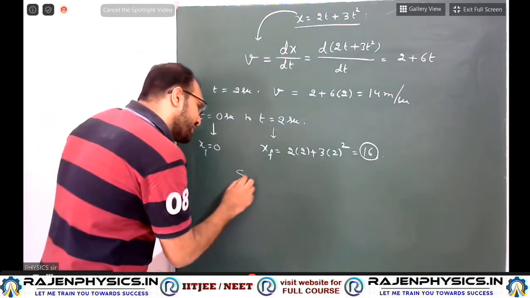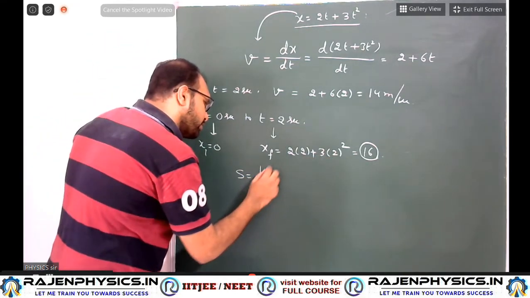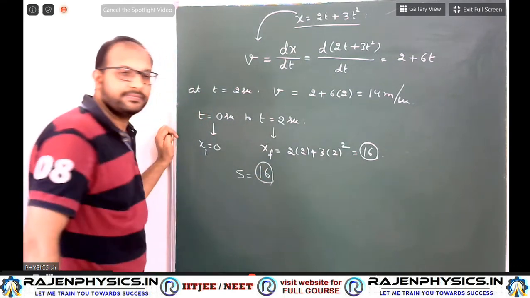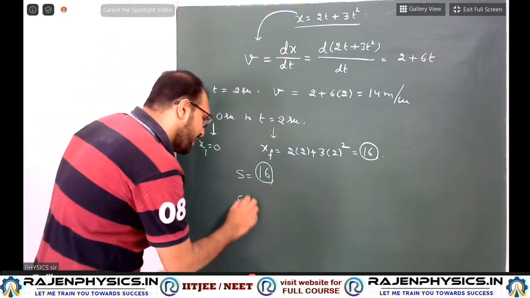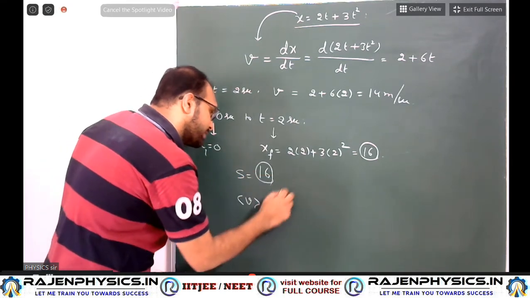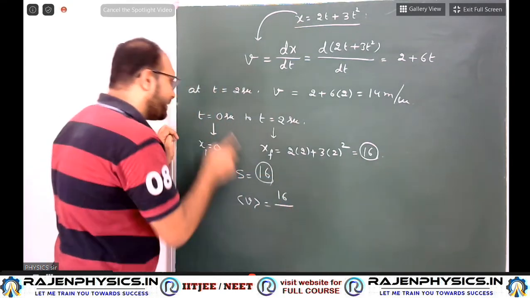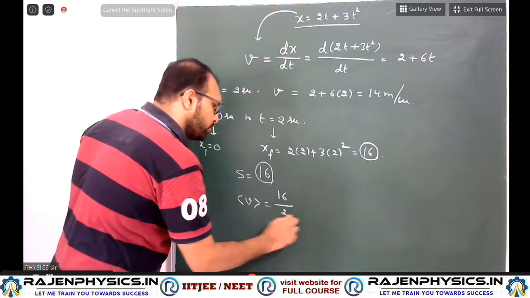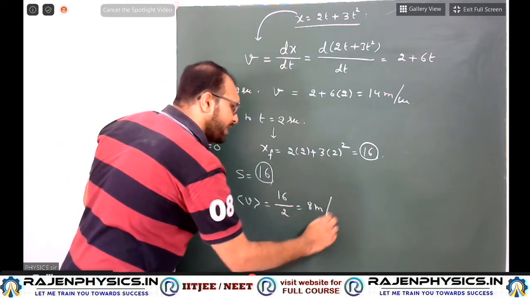Students, what is the displacement? 16 minus 0, 16. What is the average velocity? Total displacement 16 divided by the time taken from 0 to 2. So that is 8 meter per second.